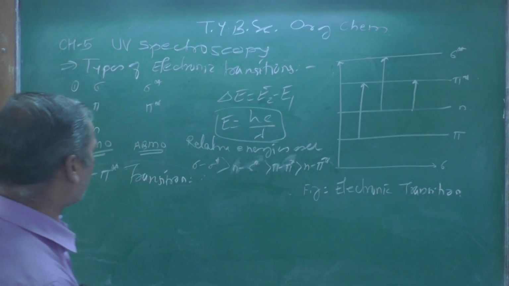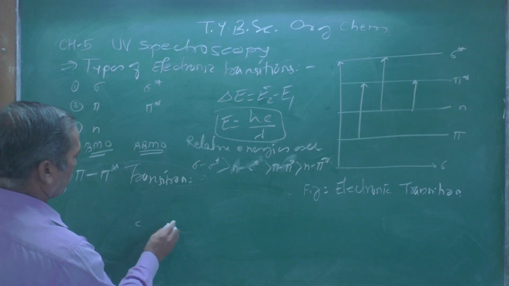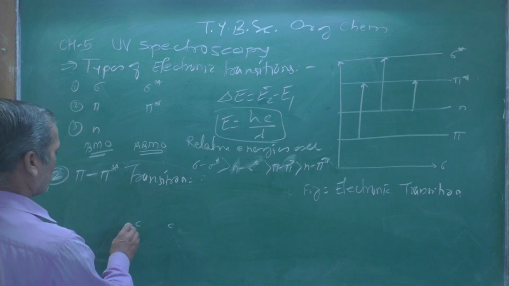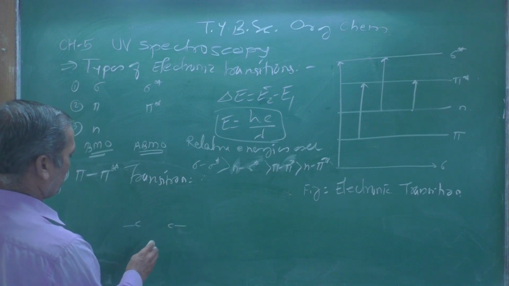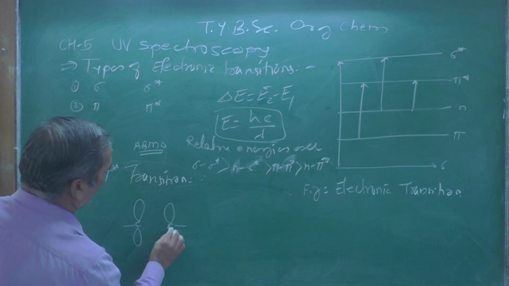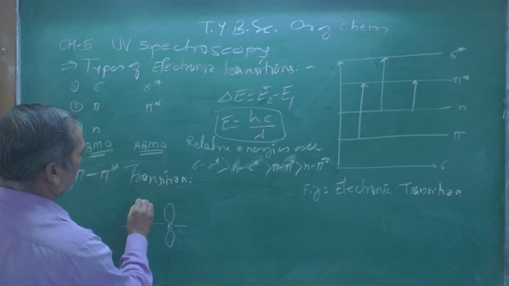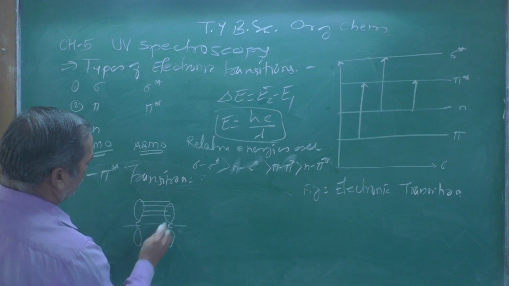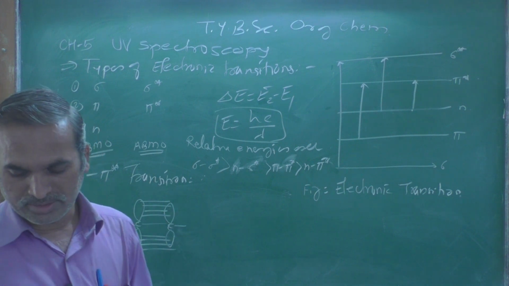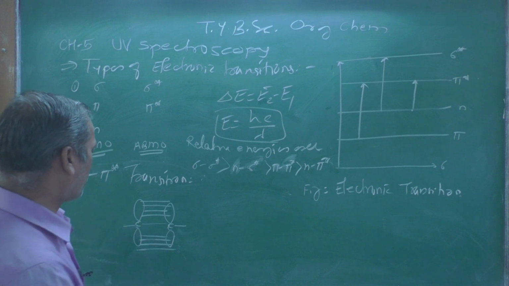Let us look at it over here. There is a carbon double bond over here that we can show. Now as we know, this is a pi orbital, formed by sideways overlapping.